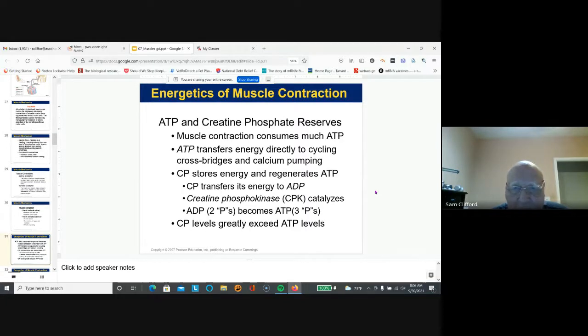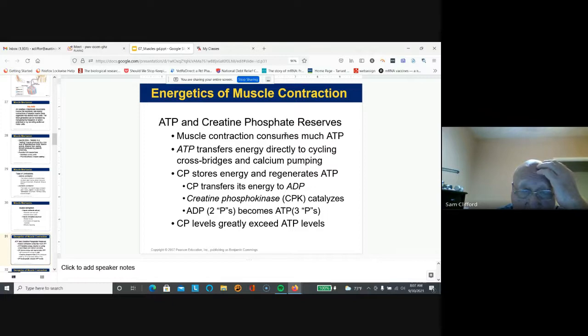We mentioned ATP is necessary to provide the energy for the myosin heads to be able to pivot and to pull the actin into the center of the sarcomere, causing the muscle sarcomeres to shorten.